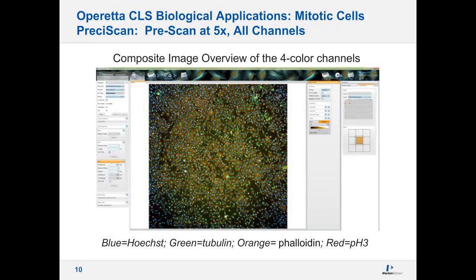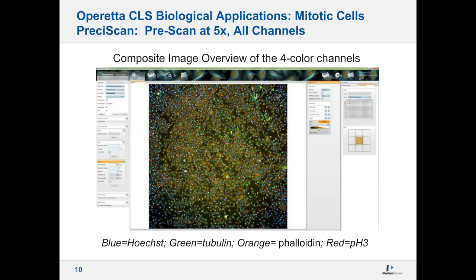So this is just a screenshot, if you will, of the Harmony image analysis software, showing a 5x with all 4 channels shown here. That's the first step in the PreciScan method, is that we can identify these cells.